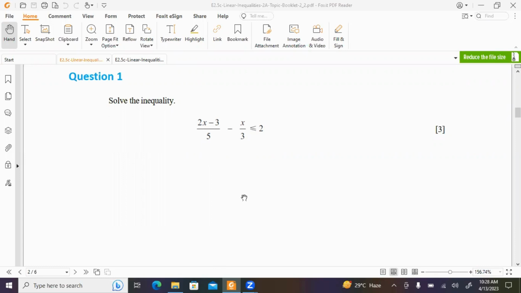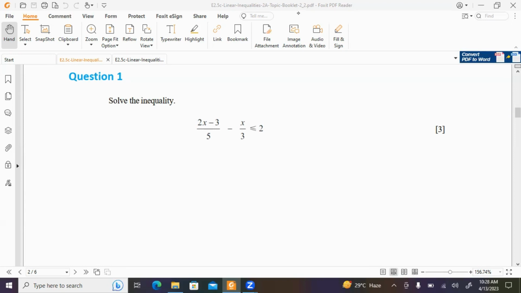The difference between an equation and an inequality is that in an equation, we have the left-hand side and the right-hand side equal to each other. Whereas in an inequality, the left-hand side can be greater than the right-hand side, less than, less than or equal to, or greater than or equal to.